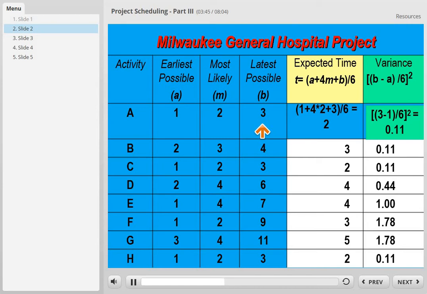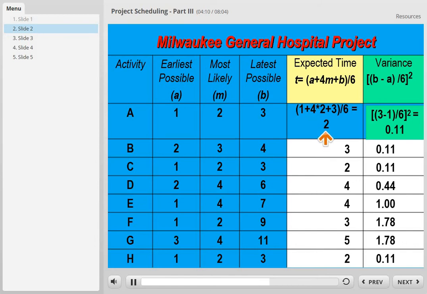So what is the expected time for activity A? It is A plus 4 times M plus B divided by 6. So we plug in numbers of A, M, B into this formula, and it's right here. So 1 plus 4 times 2 plus 3, divided by 6, equals 2.